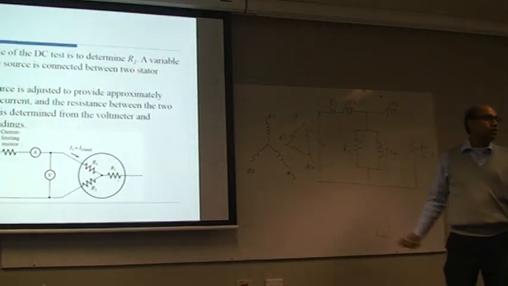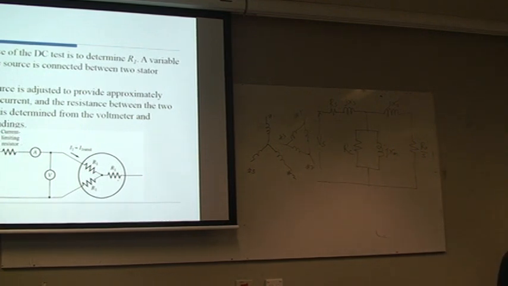So what can you do to determine the resistance of the winding? Presume all the windings are the same resistance, so just measure both and then divide by 2. What if you don't know if it's a star? If it's a delta, you connect 1 to 1.